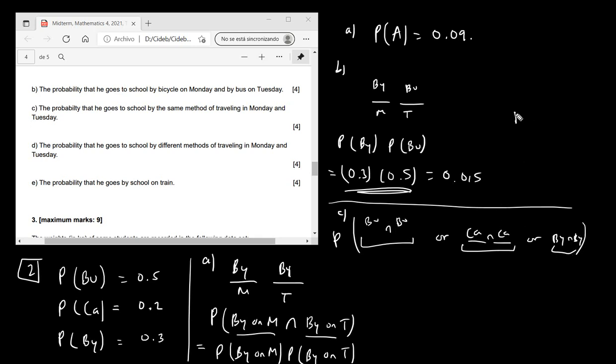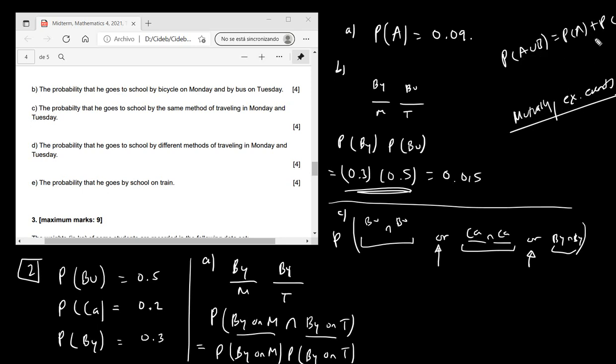And what does it mean that we have mutually exclusive events? What does this mean when we have this type of composition? Or, for example, if I give you this, the probability of A or B. If you know that A and B are mutually exclusive events, then this is simply the addition of the probabilities.